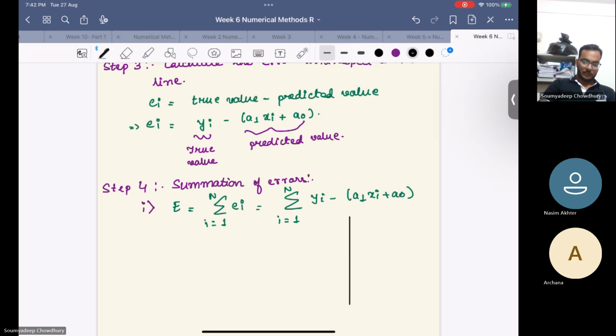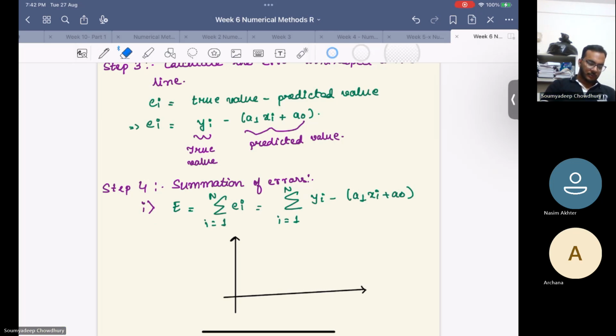Suppose I have a plot like this. Suppose y and x values, right? We will draw the straight line first.